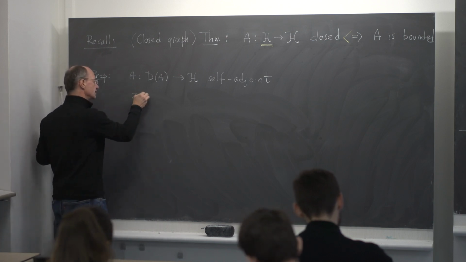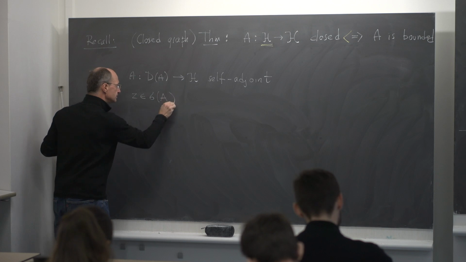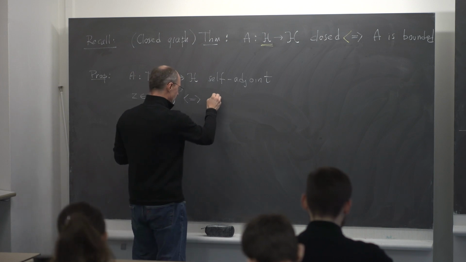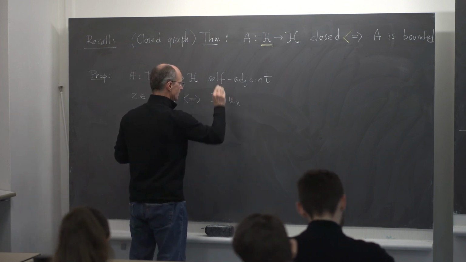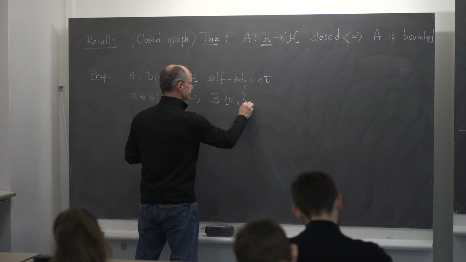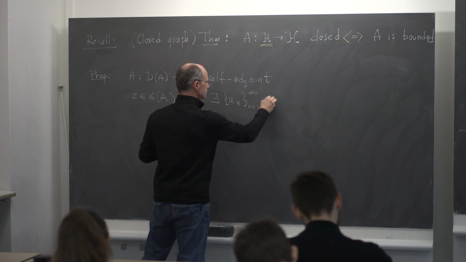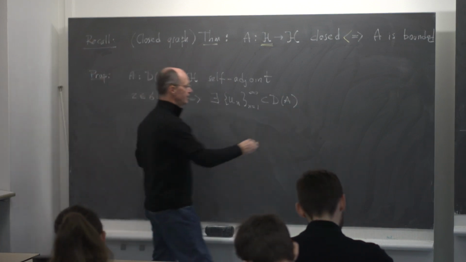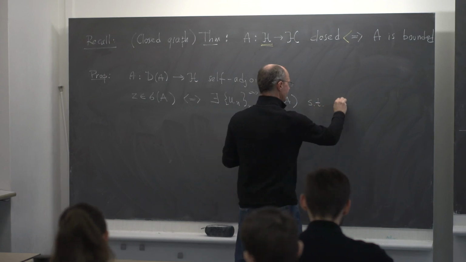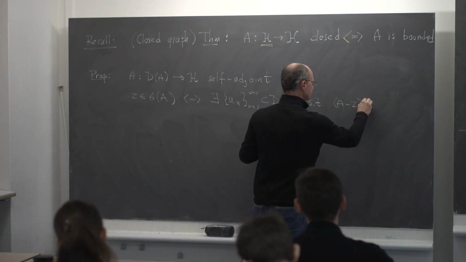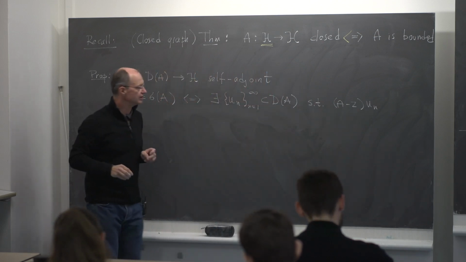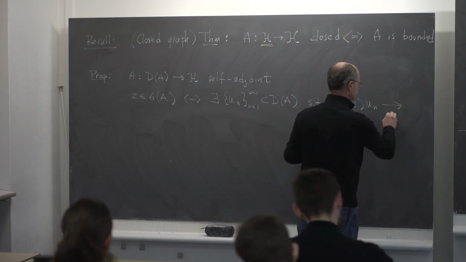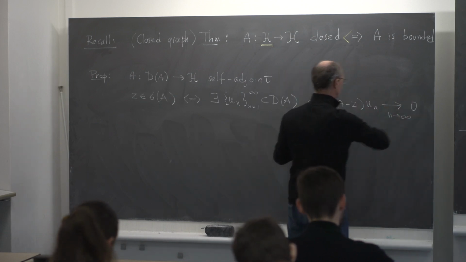Then a point Z belongs to the spectrum if and only if there is a sequence of vectors u_n in the domain of definition of A such that the vectors (A minus Z)u_n converge to 0.